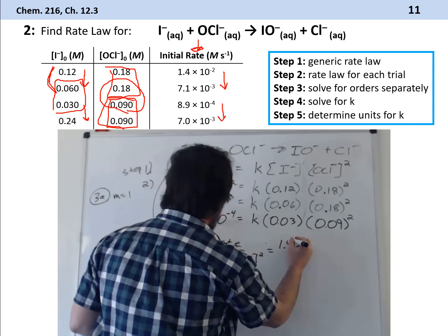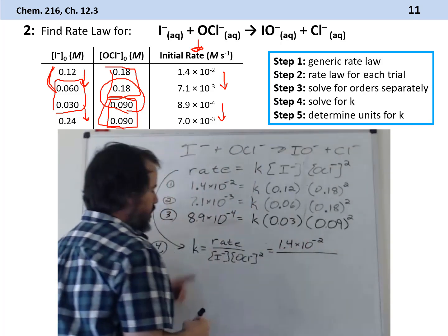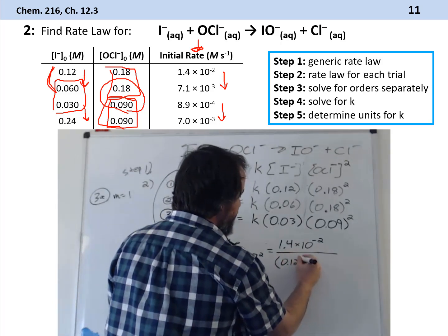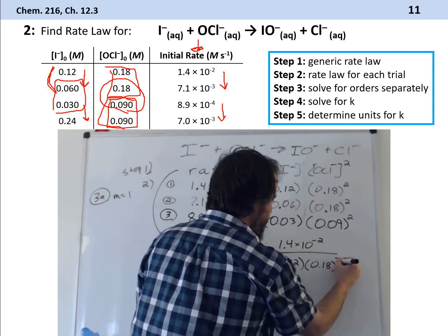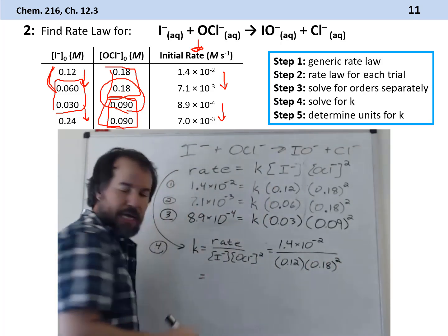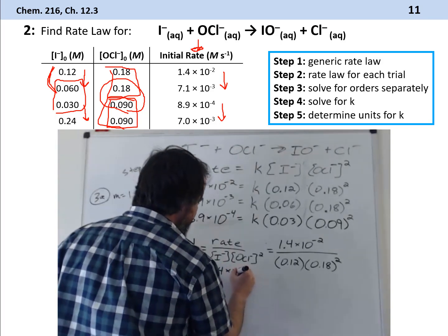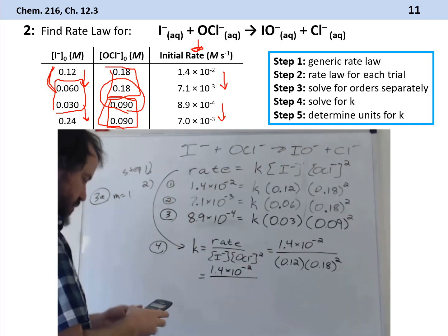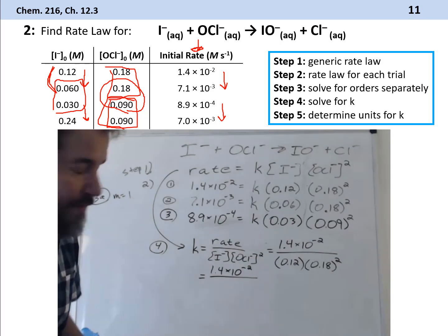That's 1.4 times 10 to the minus 2 over I minus, for this equation is 0.12, and this one's 0.18 squared. That's going to get me 1.4 times 10 to the minus 2 over... Be very careful.